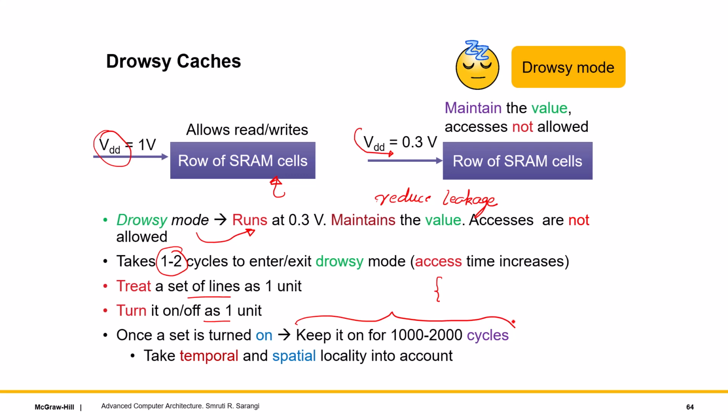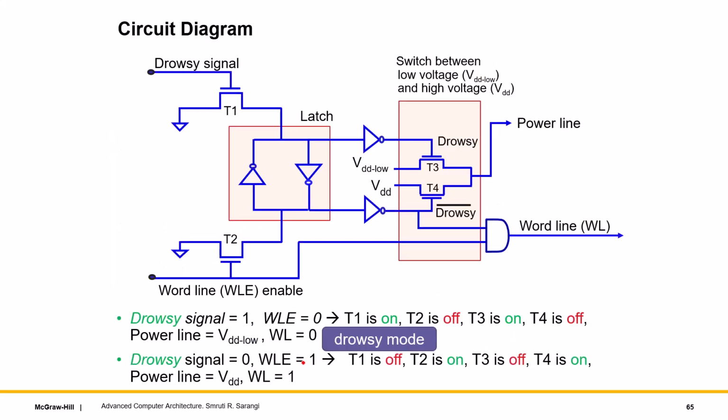That would induce a lot of voltage transitions. Voltage transitions make the power grids unstable. They draw in a lot of current, which also dissipates power. So we will need an architectural mechanism to predict what the accesses will look like in the future. We will take temporal and spatial locality into account and then decide what part to put in drowsy mode.